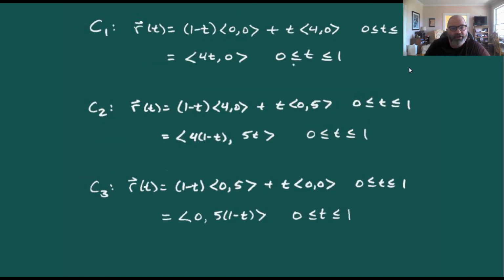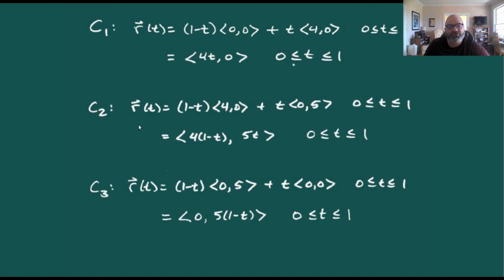And so we can do a parameterization for each one of those, again using our quick and dirty parameterization. For C1, r of t is (1 minus t) times our starting point plus t times our ending point, giving us (4t, 0) with t going from 0 to 1.